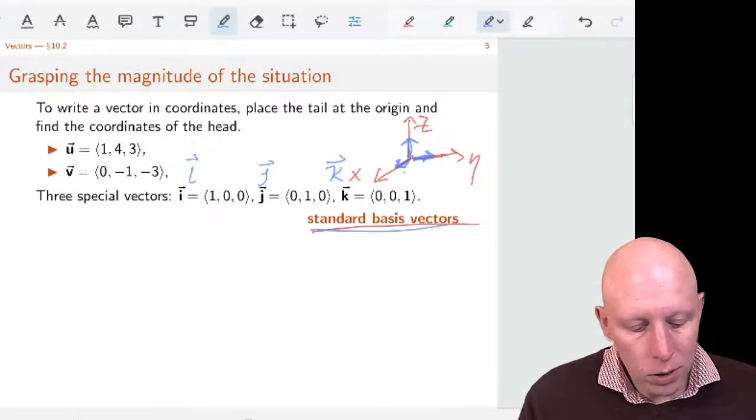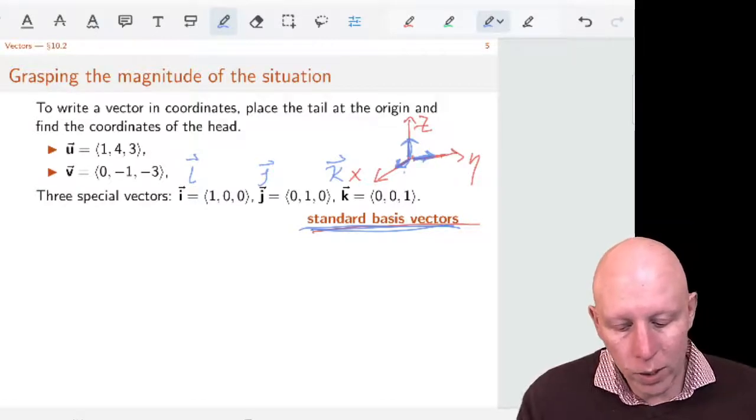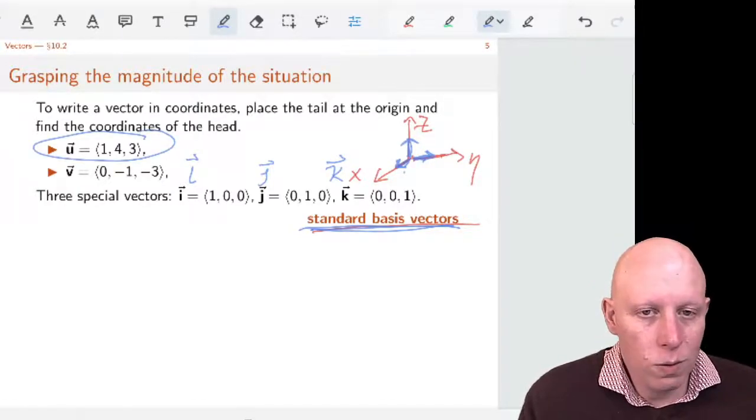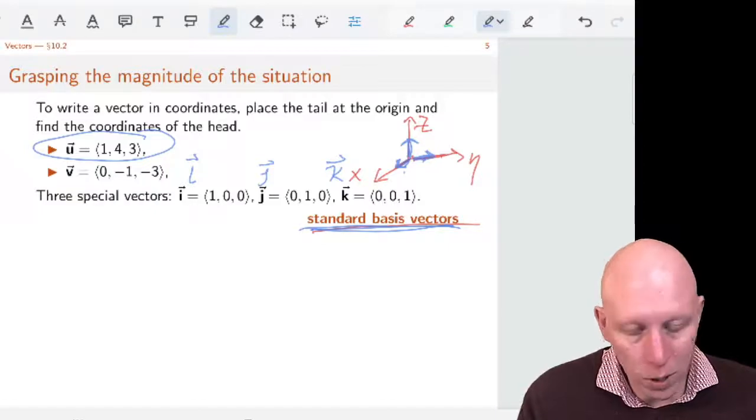And one reason why those are super useful is because we can rewrite your vector as a sum of those.